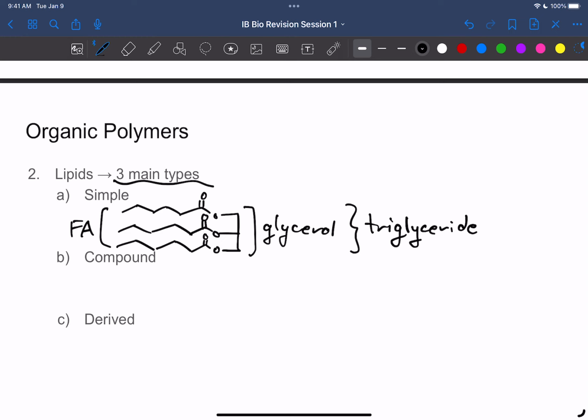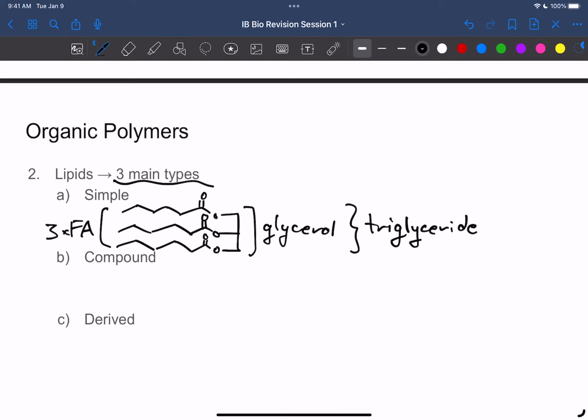Tri means there's 3 fatty acids, and glyceride means it's all attached to a glycerol. So this is kind of the main simple lipid. So simple lipids is the biggest group and is triglycerides.